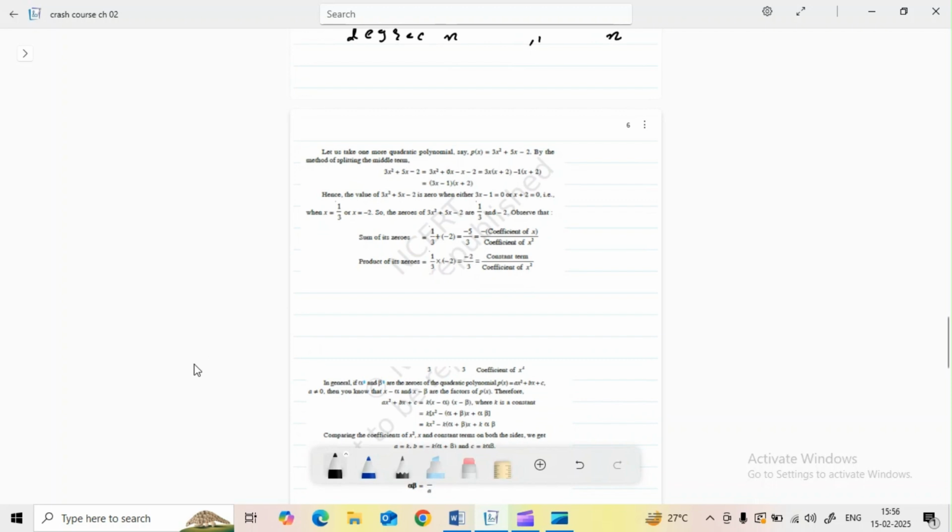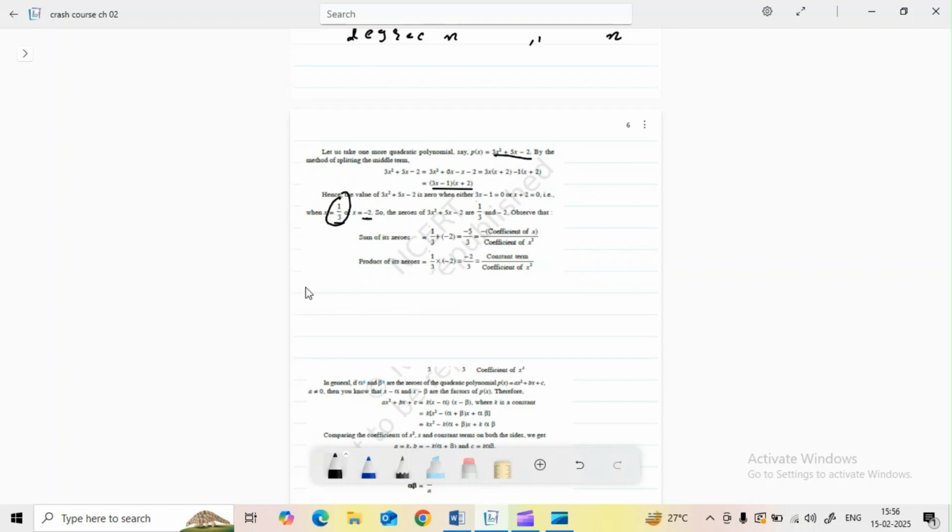Now, if we look at the quadratic equation that we already discussed, that its degree is 2, so 3x square plus 5x minus 2. If we rewrite this equation as 3x minus 1 and x plus 2, its possible solutions should be 1 upon 3 and minus 2. So these are the two values of x where the line is getting intersected, right?